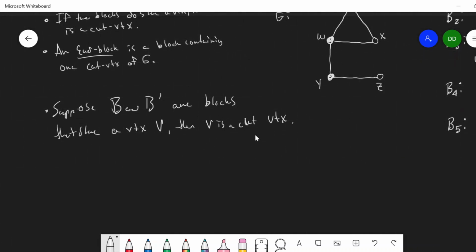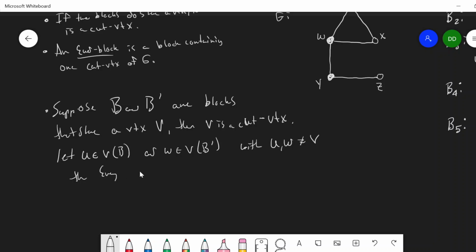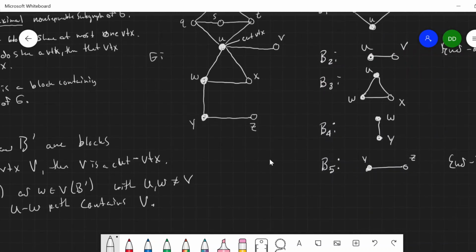V is a cut vertex, but I can actually say something a little bit more here, right? By theorem 3.2 about cut vertices, I can say that if U is in the vertex set of B, and W is in the vertex set of B prime, and let's say U and W are not equal to V, so distinct vertices from V, then every UW path contains V. And so this is really nothing more than just theorem 3.2 again, but it helps us think about blocks, right?